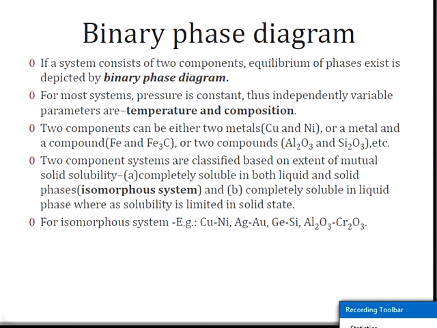We have seen a similar picture in earlier lectures. The two component system can be a mixture of two metals, for example cobalt and nickel, or a metal and a compound, for example Fe and Fe3C. It can also be two compounds.